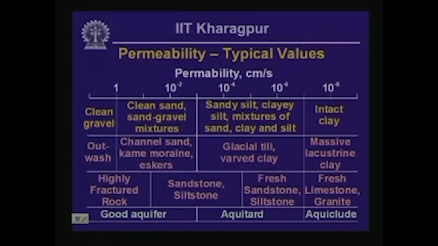So clean sand, sand gravel mixtures, some sandstone, siltstone, highly fractured rock, channel sand, kame-moraine, eskers, and outwash deposits are typically within this category. Aquitards typically comprise clay, silt, and sandy silt. From the consideration of geomorphology, glacial tills and varved clay are often classified as aquitards.